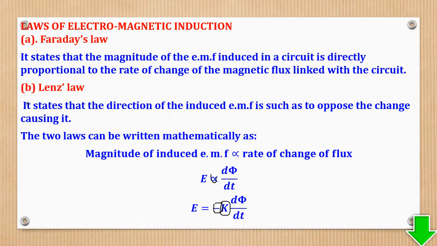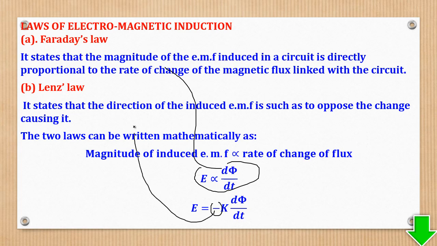The negative has been put to cater for the second law, because this one was catering for the first law, EMF being proportional to the rate of change. When I bring in the negative, it caters for the second law because it opposes the change causing it.